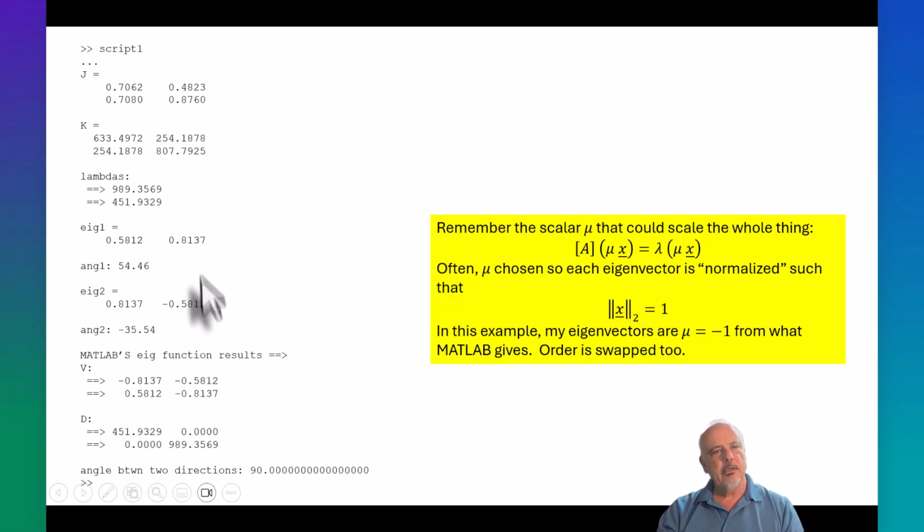And then the second one, it also gave it to me 180 degrees off. But again, the angle between the two, they're perpendicular. You could put a minus sign on the vectors. That's what they've done. They flipped the direction. Not only did they swap the eigenvalues on me, but they also swapped the direction of both eigenvectors.